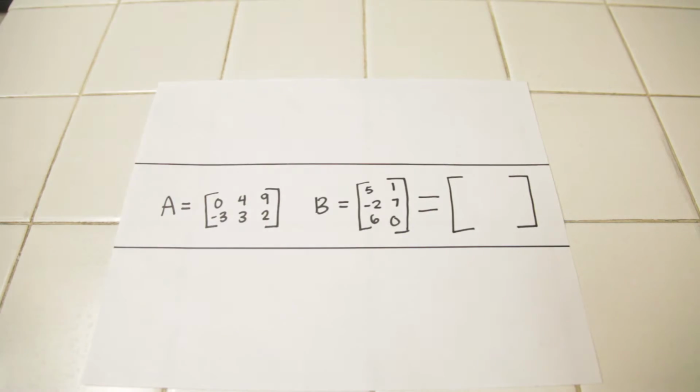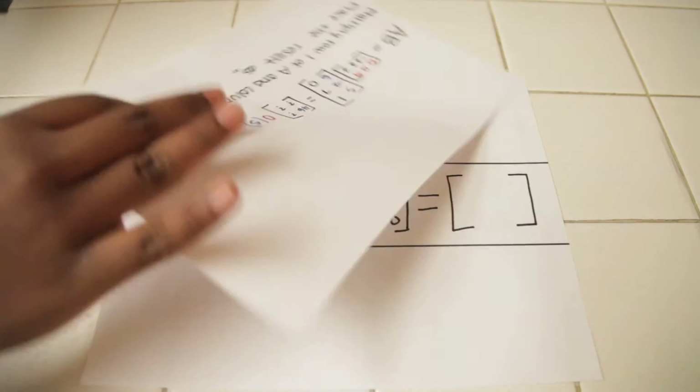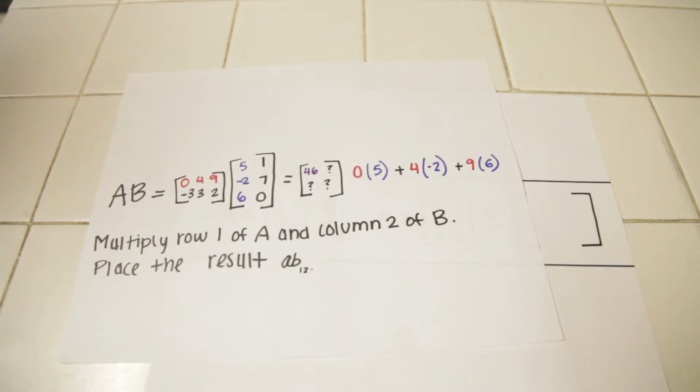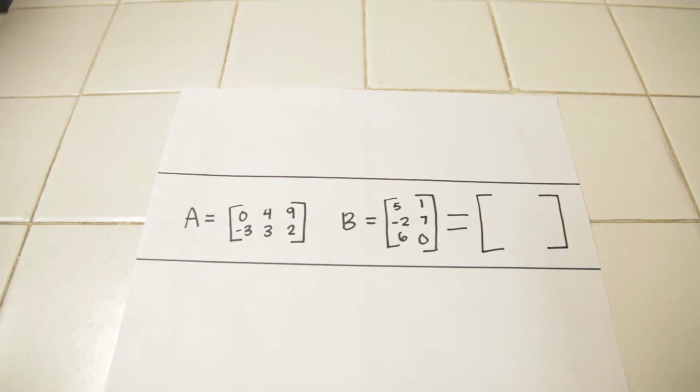When multiplying A times B, start by multiplying row 1 of A by column 2 of B, then row 2 of A by column 1 of B, and finally row 2 of A by column 2 of B. Make sure to add your answers together correctly and place them in the correct spot. A common mistake here is to mix up simple math because there's so much of it.